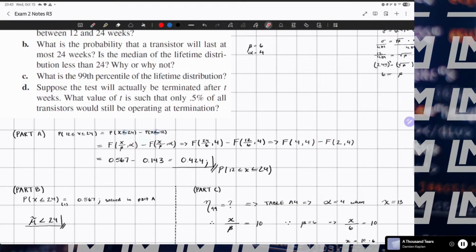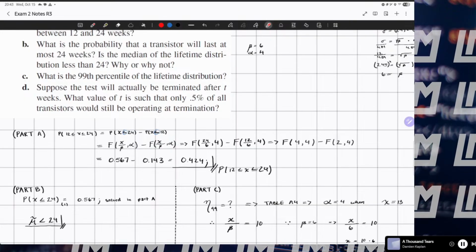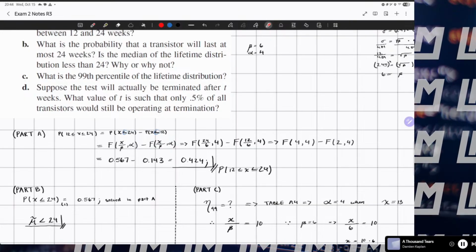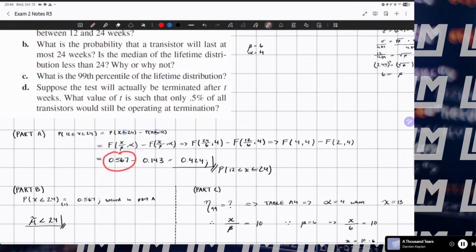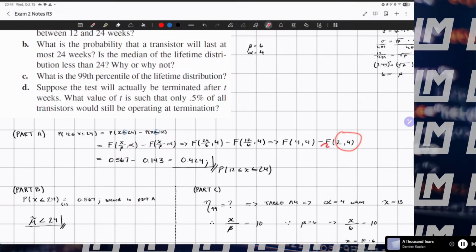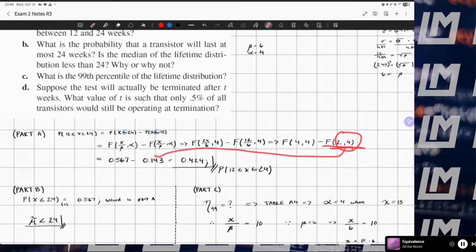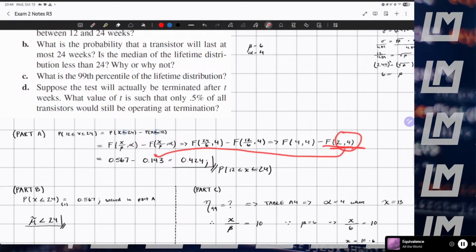So when you look at your table and you go down to 4, where 4 and 4 intersect, you get 0.567. And when you look at the table right here, you get 2 and 4.